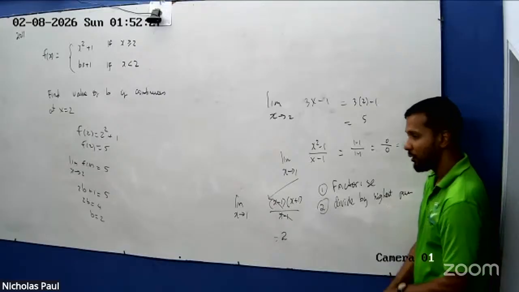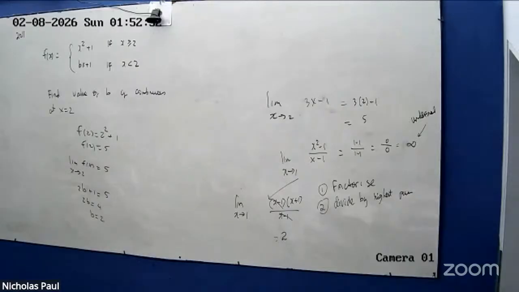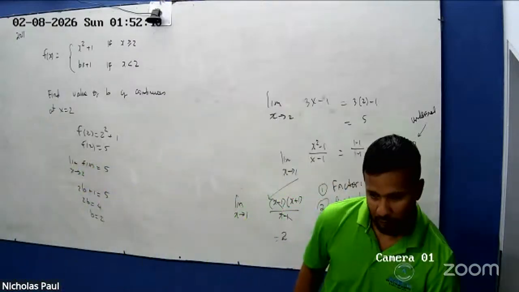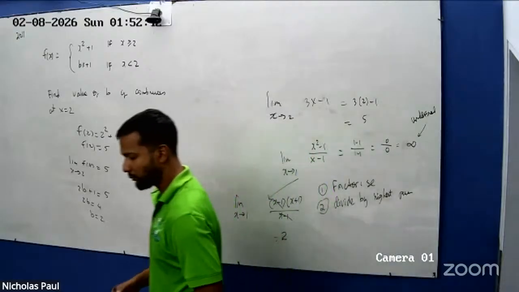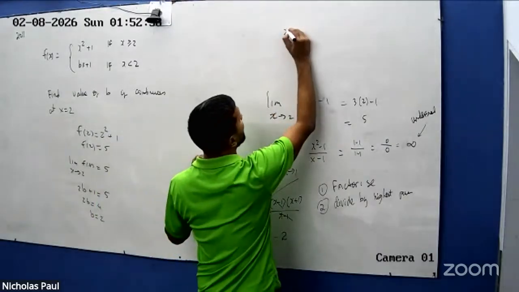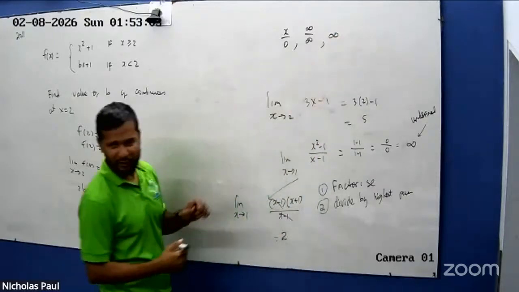Okay? Right? Take this note down. When simplifying limits, if an indeterminate form is obtained, any one of those you can consider indeterminate.